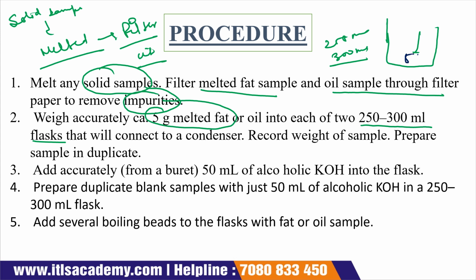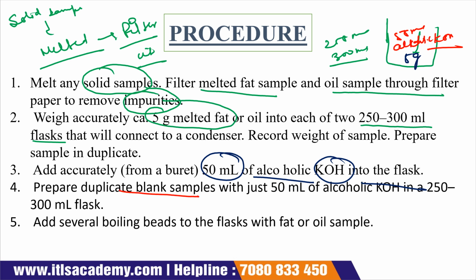After that we add 50 ml of alcoholic KOH into the flask. Then we prepare a duplicate blank sample in which we have only 50 ml of alcoholic KOH.